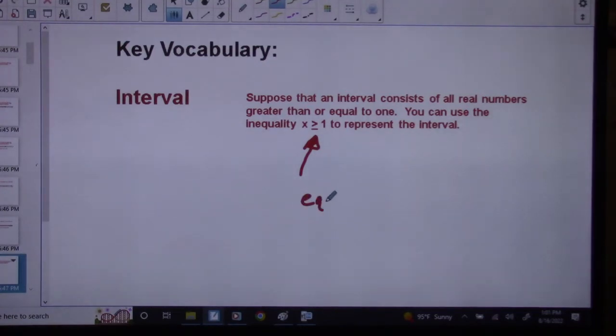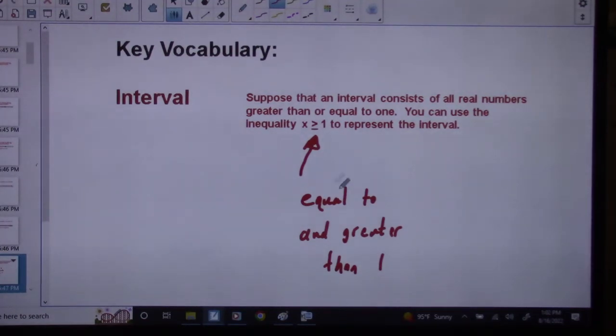That's the way I like to say it, and there's a reason for it, because typically the more conventional way is to say greater than or equal to. But I like to say equal to and greater than. That's pretty weird how I change it, and you're going to see why I do that. It helps me in graphing.